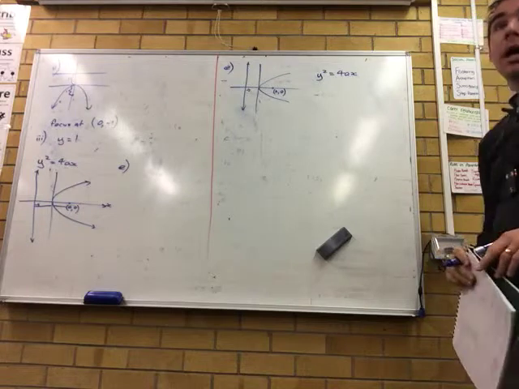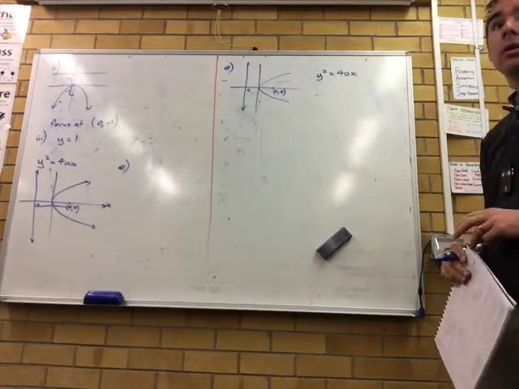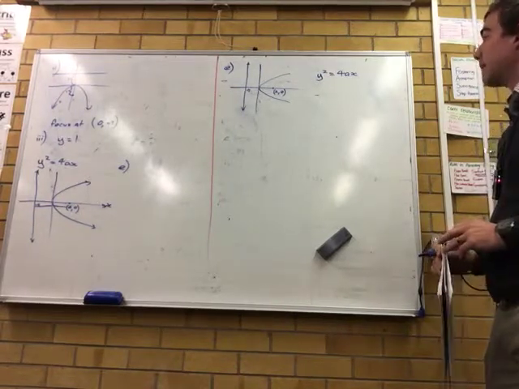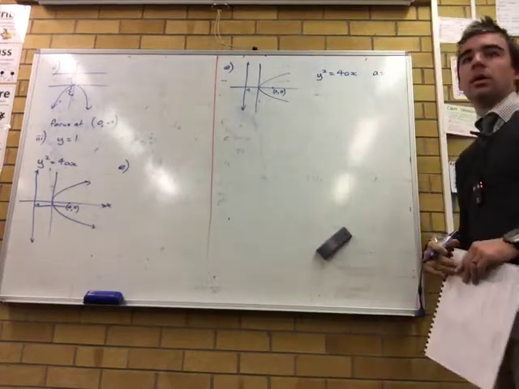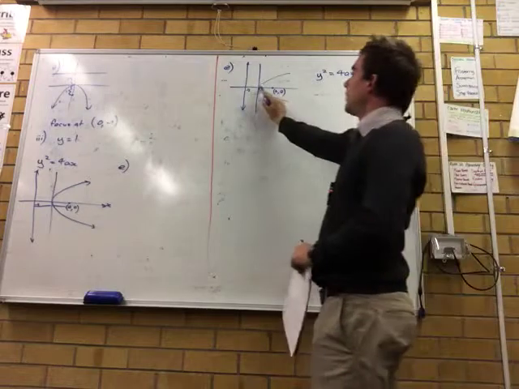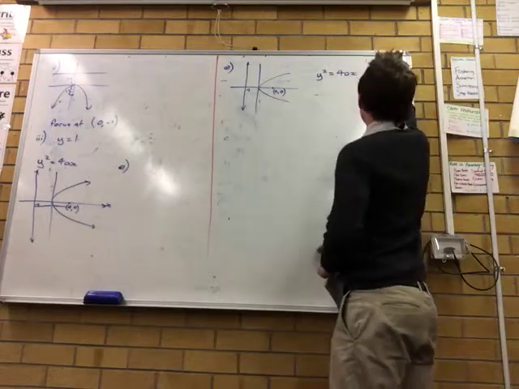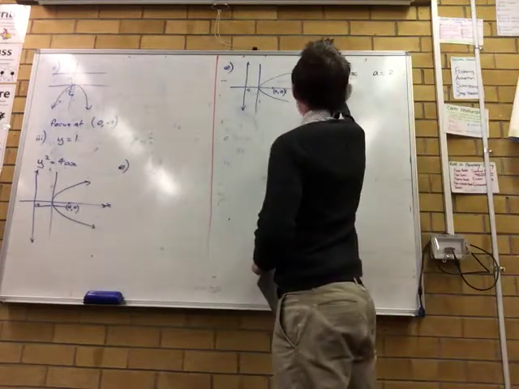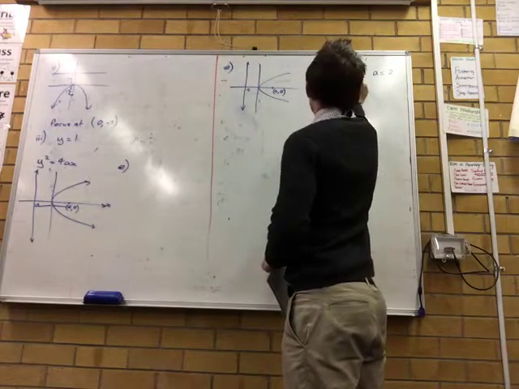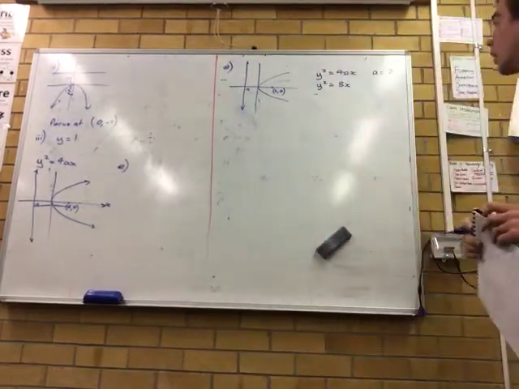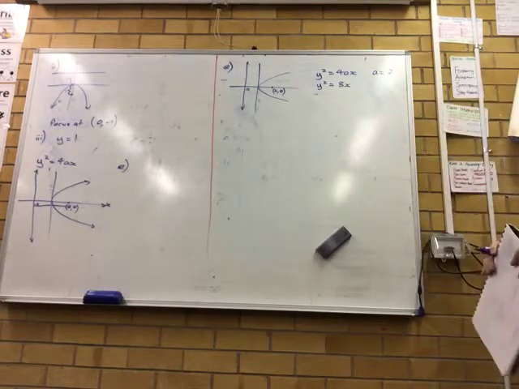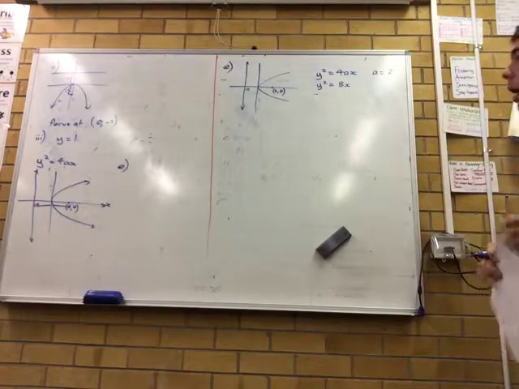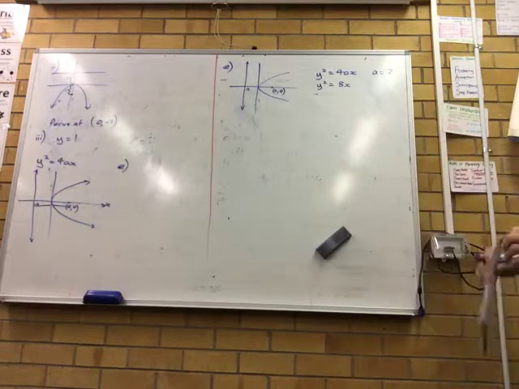That's the formula. However, we know the focal length, so we can substitute in for a. So what's the focal length? 2, the distance from the vertex to the focus. So that means the equation becomes y squared equals 8x. How the parabola opens or closes depends on the value of the focal length.